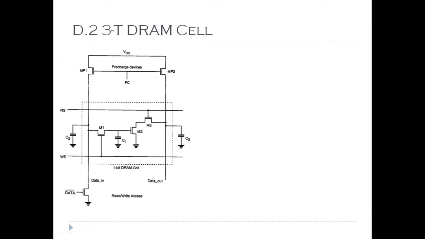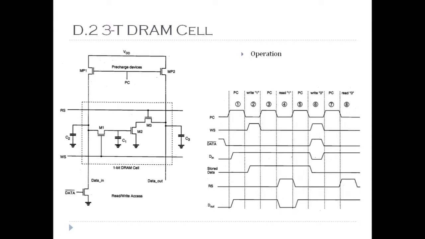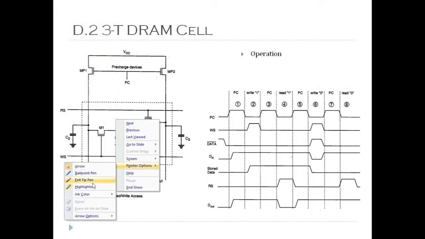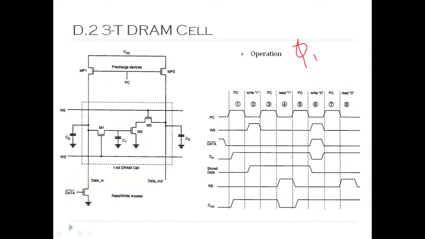Now let's talk about the operation of this DRAM cell. The operation of 3T DRAM cell is controlled by two non-overlapping clock signals, phi 1 and phi 2. Phi 1 is used for precharging, and phi 2 is used for read or write operation.